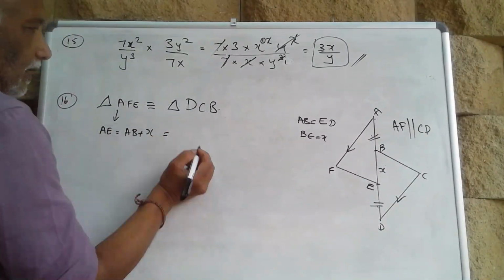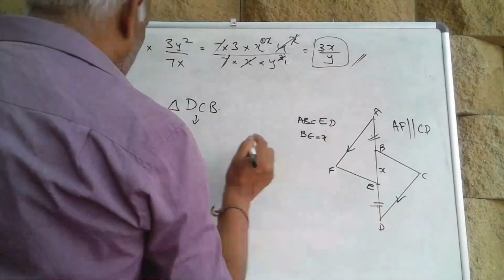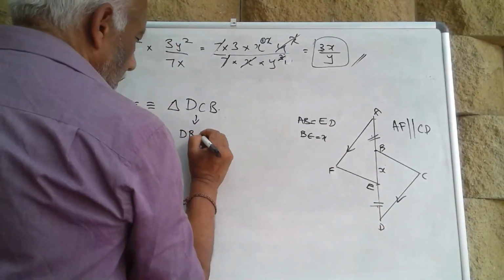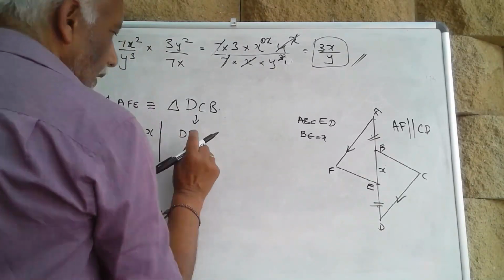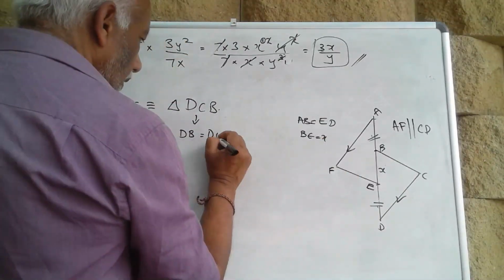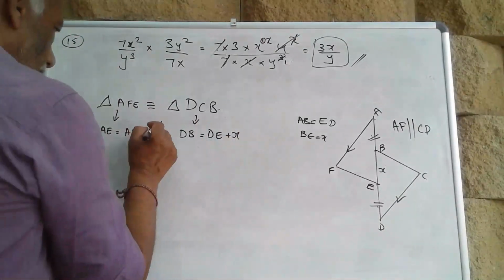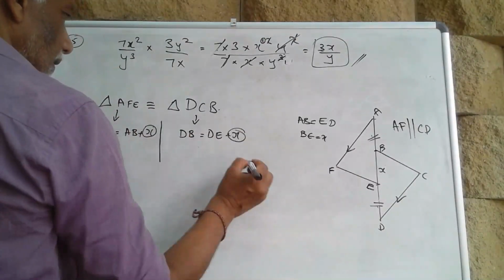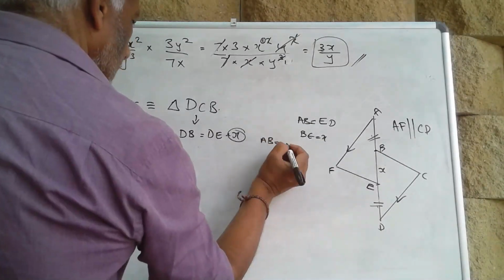Similarly, if you look at this one, DB is equal to, so I'm going to draw a line here, DB is equal to DE plus X. Now look at this. This is the same, but given AB equal to DE, that's given.